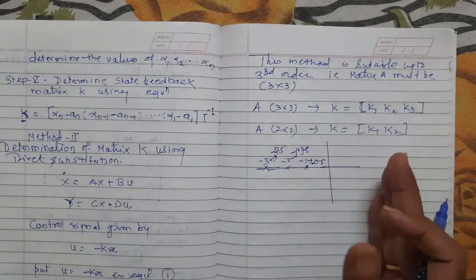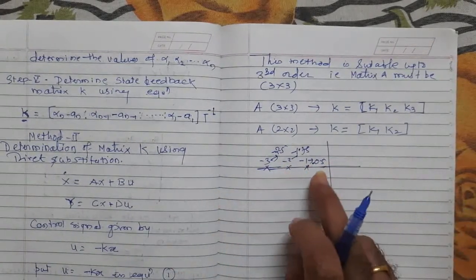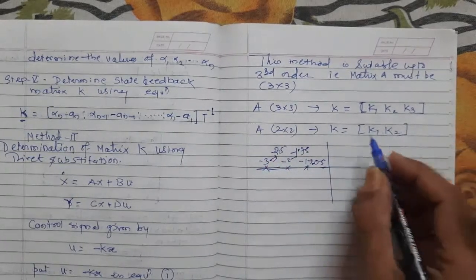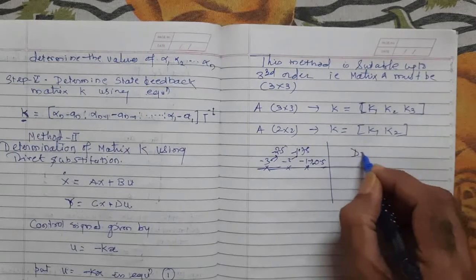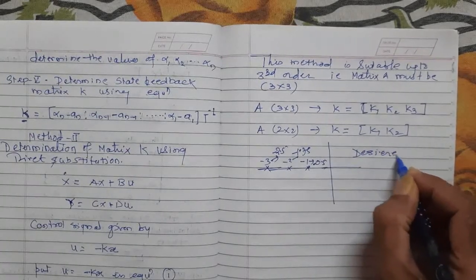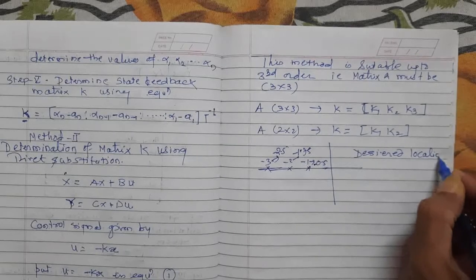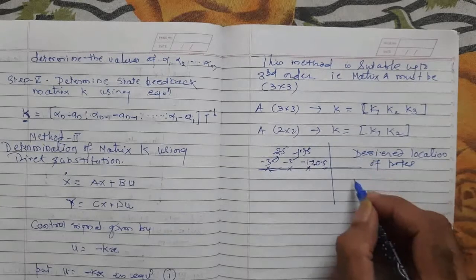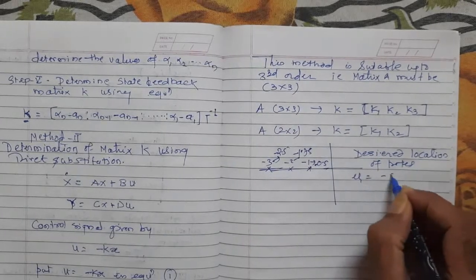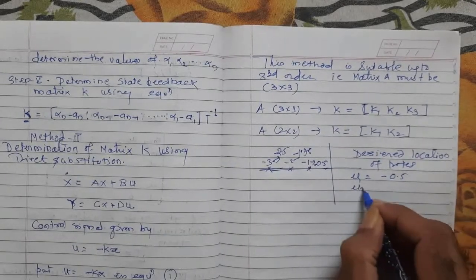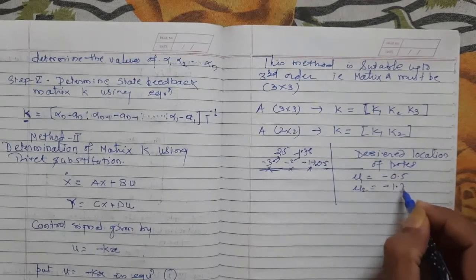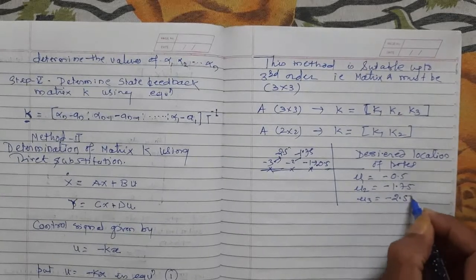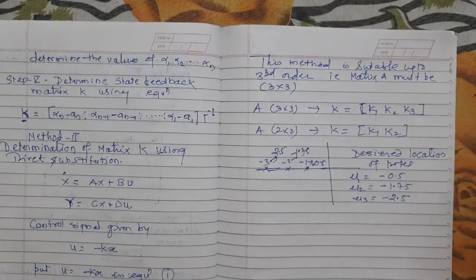So I want to shift my poles to -0.5, -1.75 and -2.5. So that means my desired locations of poles are mu1 equals -0.5, mu2 equals -1.75 and mu3 equals -2.5.